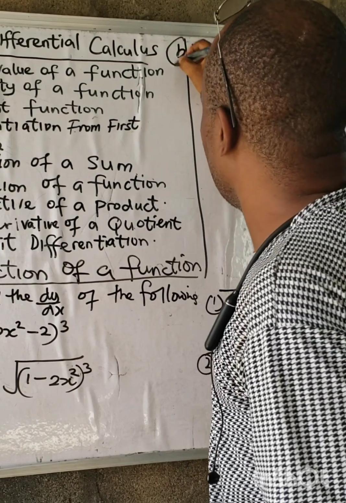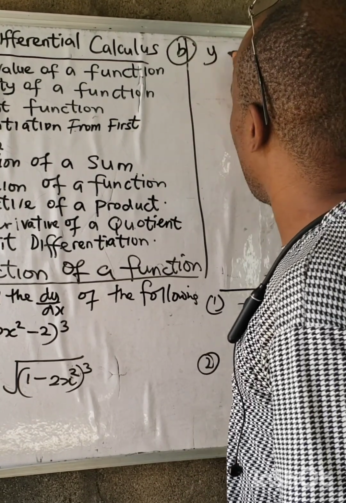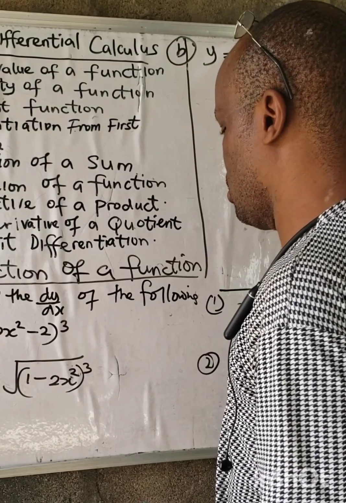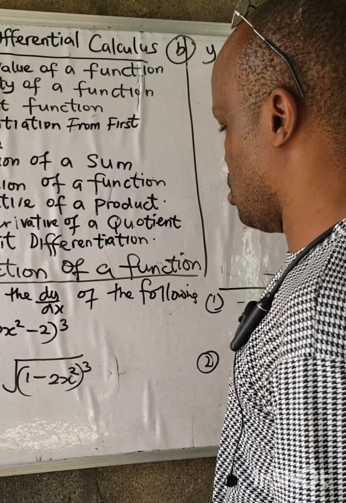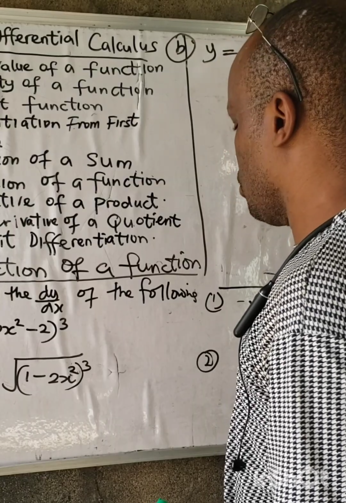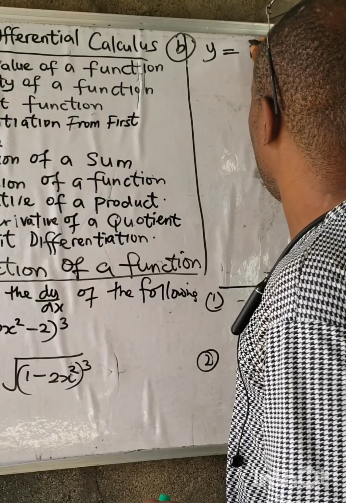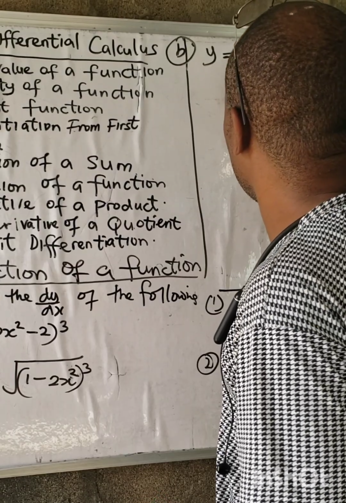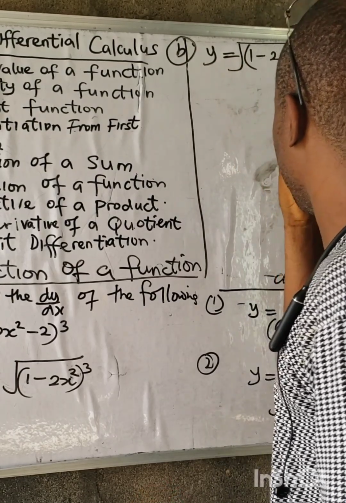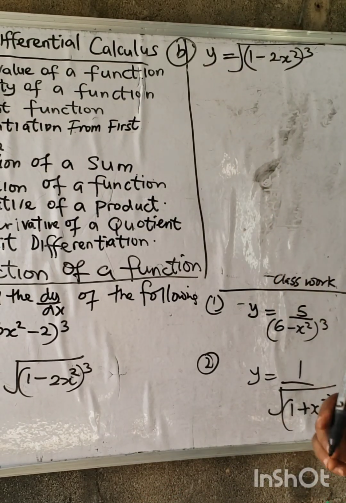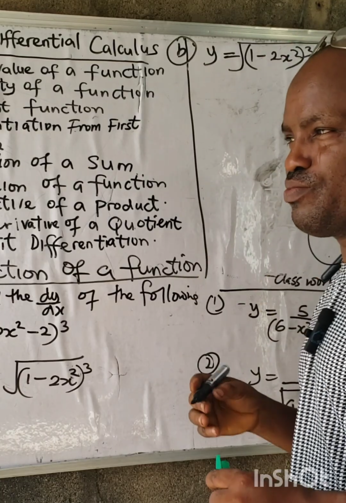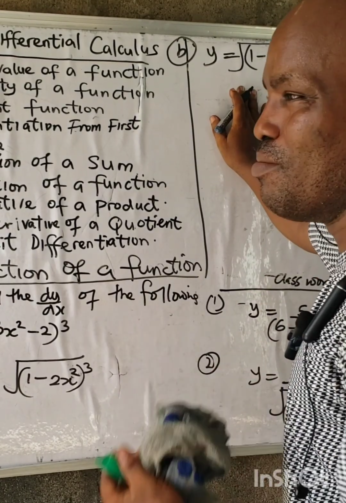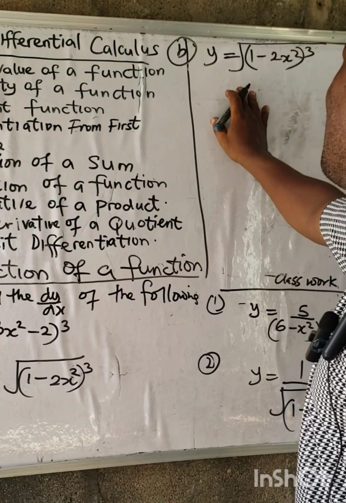The B question: y equals the square root of (1 minus 2s squared) cubed. Everything. Don't let all these things deceive you. They borrow this thing from indices.